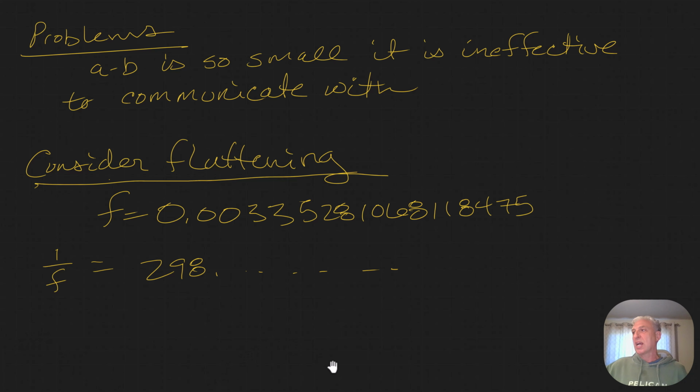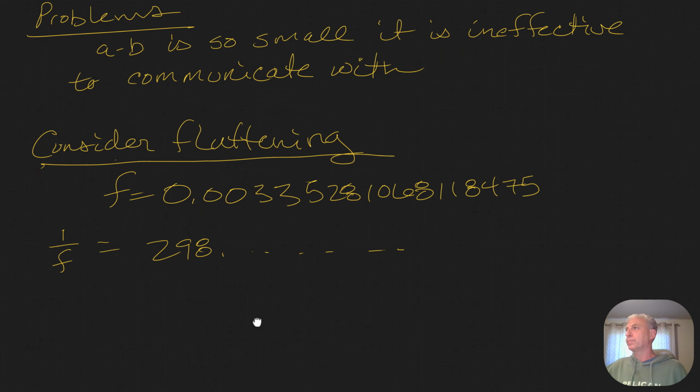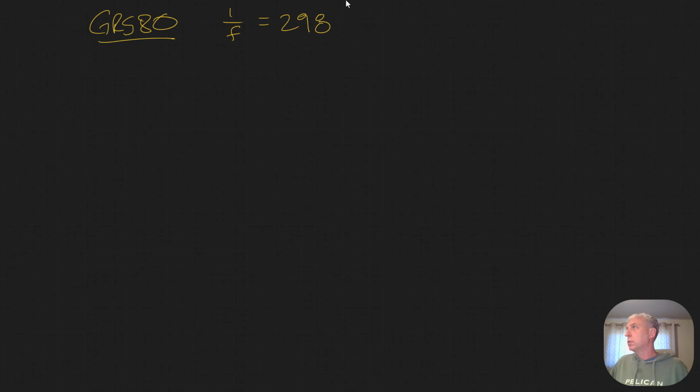GRS 80 has a 1 over f of 298.257222100882711243.